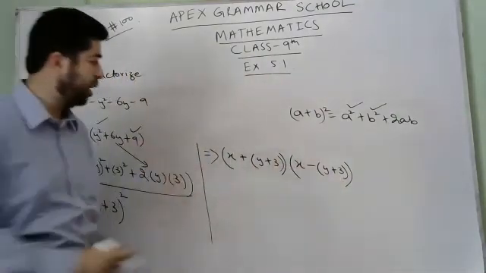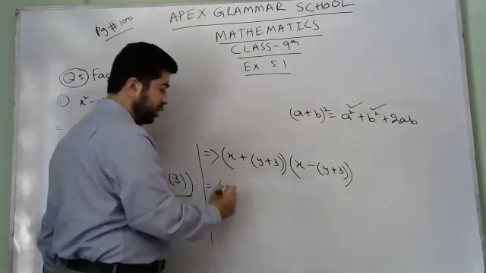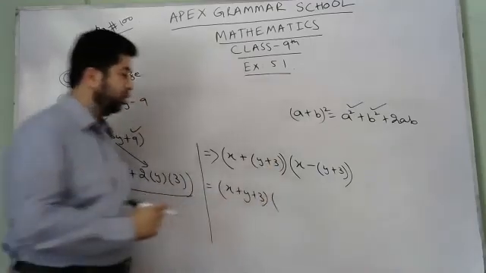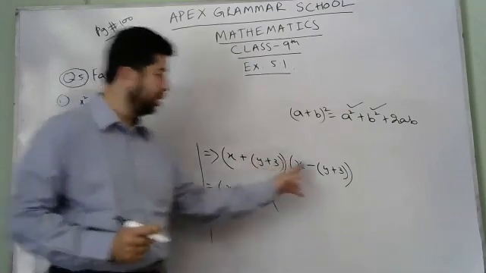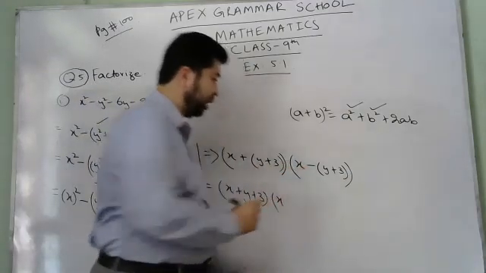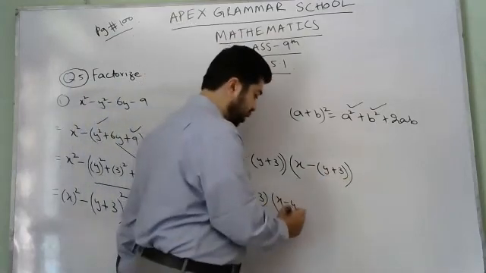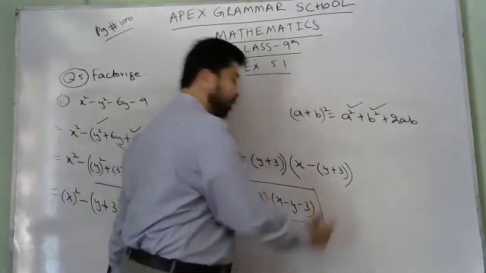Now you can open the brackets. Applying this positive sign inside, this will become x plus y plus 3. This positive sign can't change the signs. And after that x, this negative sign will change the inside signs: minus y minus 3. And that's it.